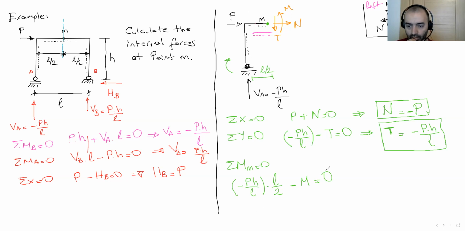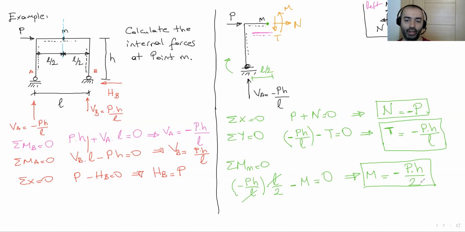If we take this M to the other side of the equation, M equals minus P times H/2. Okay, now we have just completed calculating the internal forces at point M.